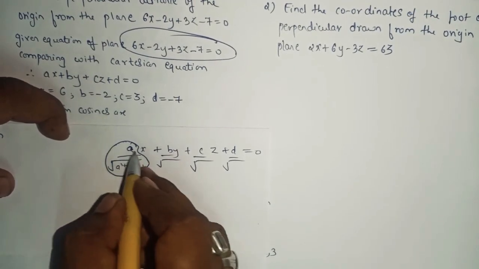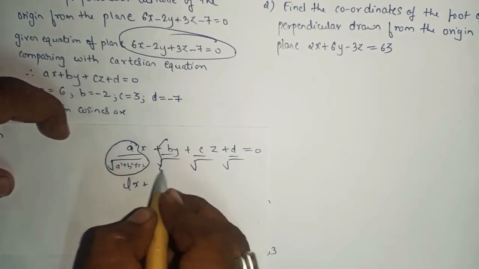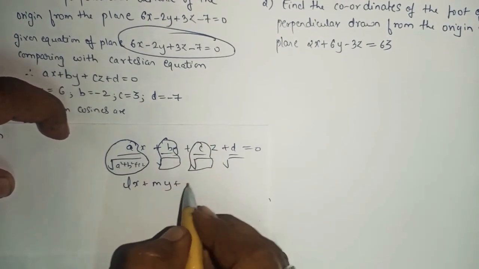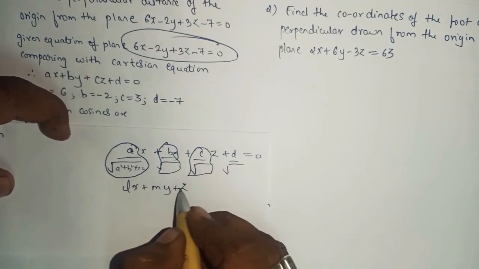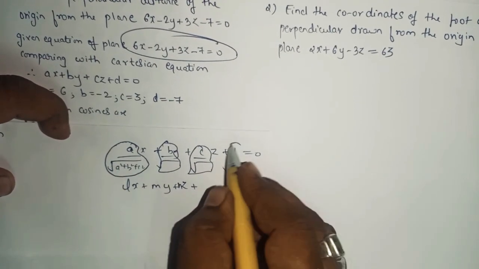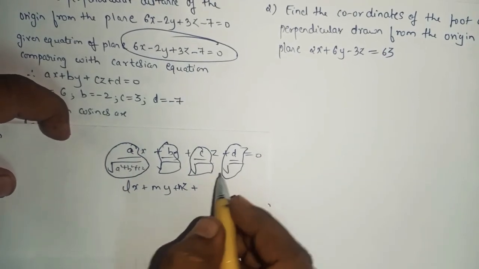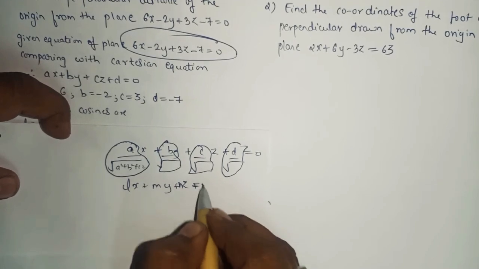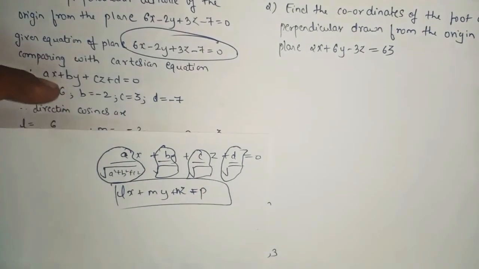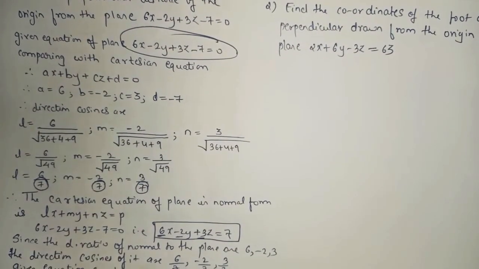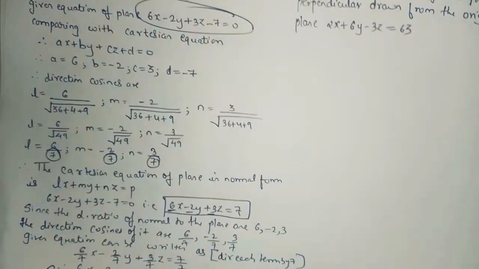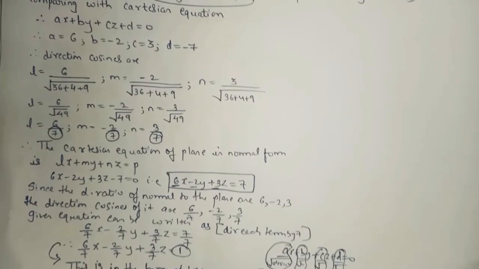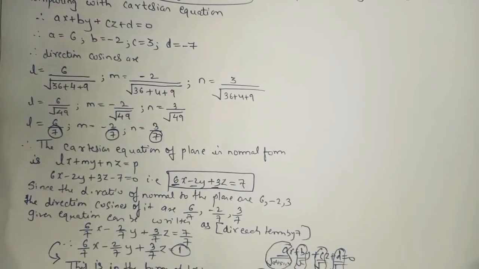This part will be replaced by l, this part by m, this part by n, and this part will get converted into p. Yes or no? So we can shift that p to that side. Okay, so that is what I had done in this sum. I hope you all understood the first example.